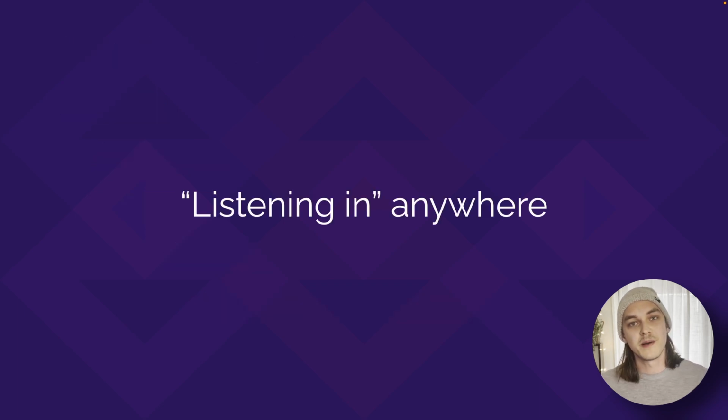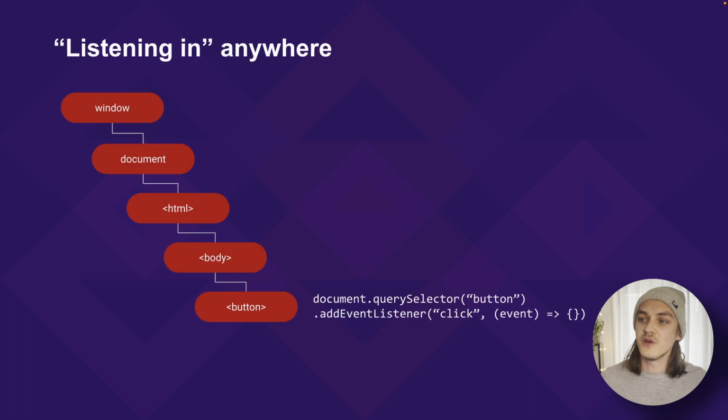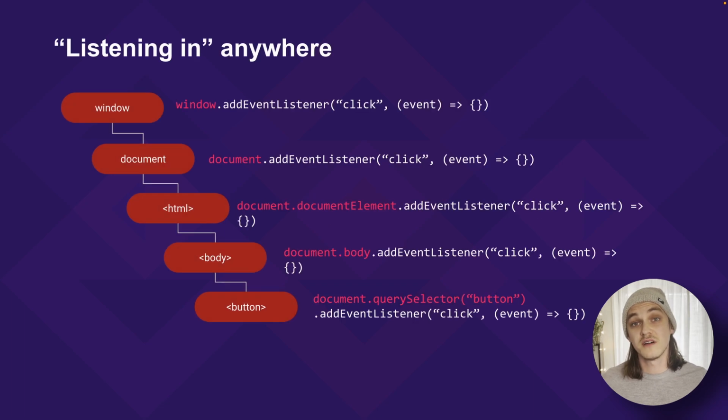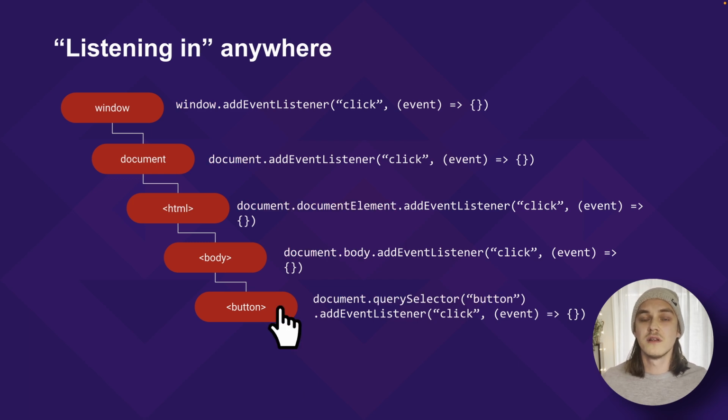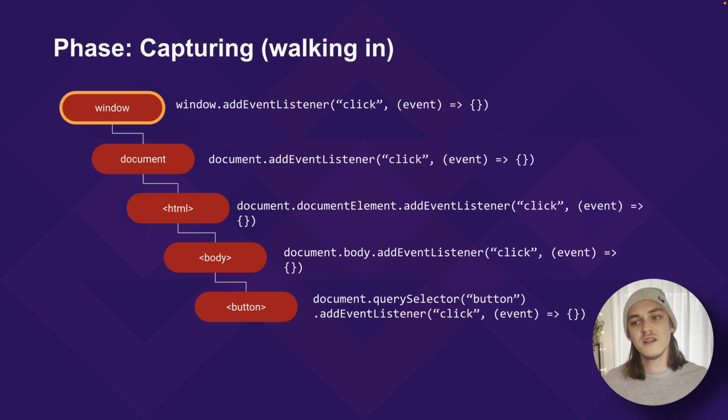We can make this example a little bit more involved by adding event listener functions to every single element in the affected hierarchy, not just the event target. And we can do this by adding the event listener to different references of these ancestors. And if we now click the button, which will become the target like before, during the event propagation system, while walking in, we will see that these functions are actually not invoked.